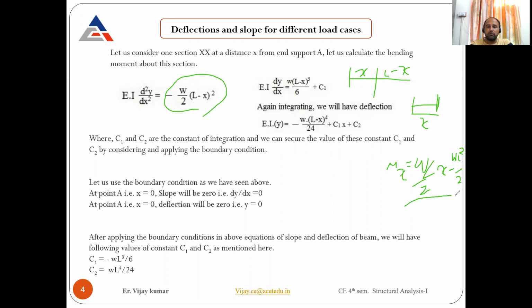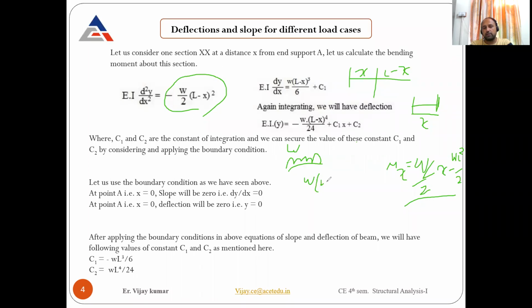And if you consider from the free end, this is the section from the other end. In that case, this is the value of W. First of all, convert into the point load: W into x, where x is nothing but L minus x only.